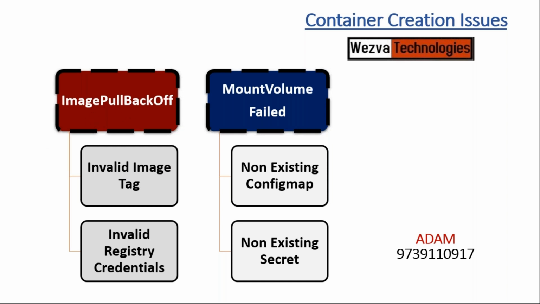Okay. Now, to continue on the same, what will happen? Let's say Kubernetes was able to download the image based on what you have given. However, after that, when it is trying to create a container, there could be certain issues.